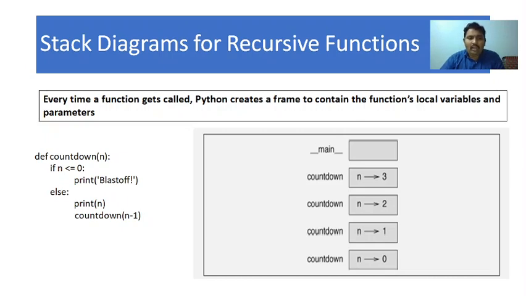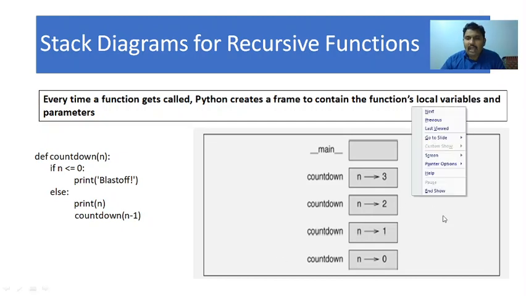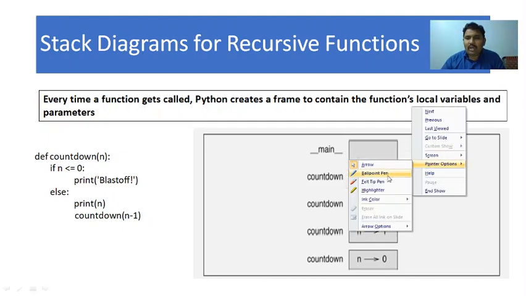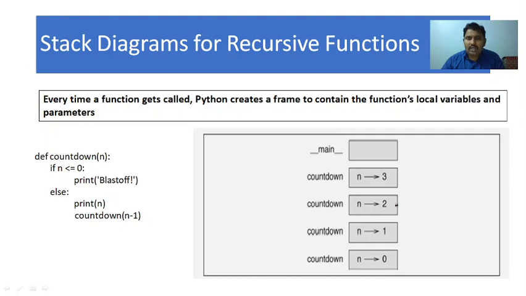Basically, we are calling the countdown function for a number of n values. For example, if n is 4, how many functions are going to be created? We create one countdown function with n equal to 3, another with n equal to 2, another with n equal to 1, and another with n equal to 0.